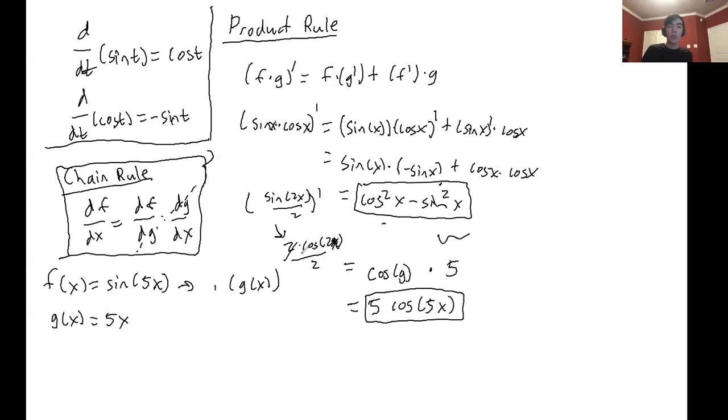And then the 2's cancel out, and you just get cosine of 2x. And there's actually a trig identity that tells you that cosine of 2x is equal to this thing. So it turns out this problem of taking the derivative of sine of x times cosine of x, you can solve through either the product rule or through chain rule. So that's pretty cool. That's, again, one of the reasons why I like chain rule. You can solve so many things through it.